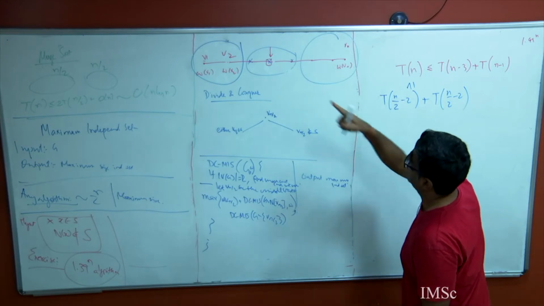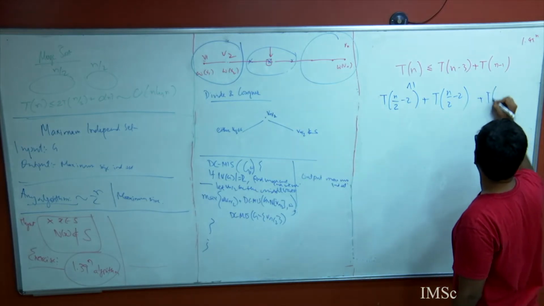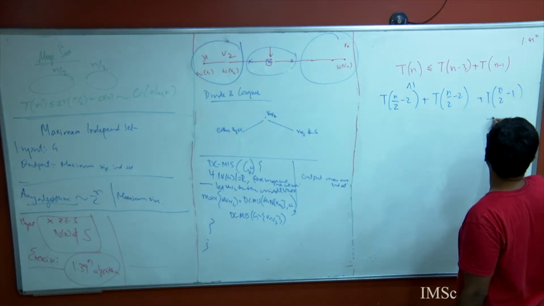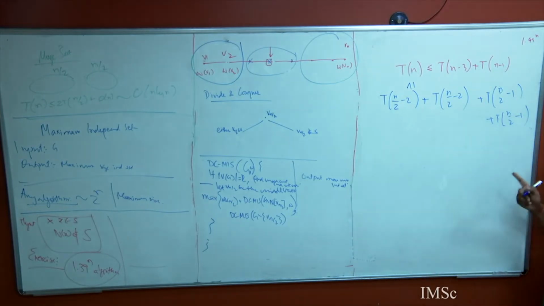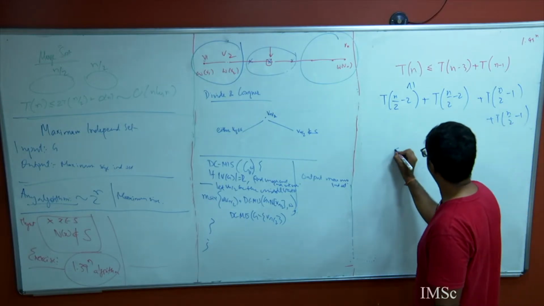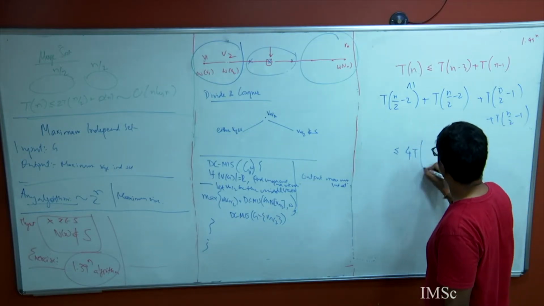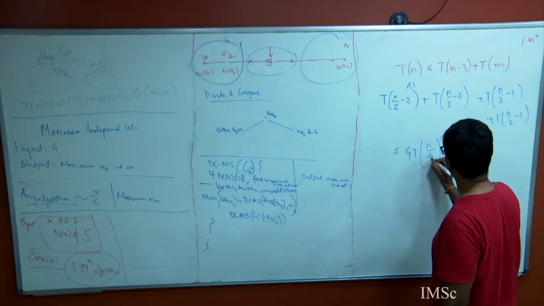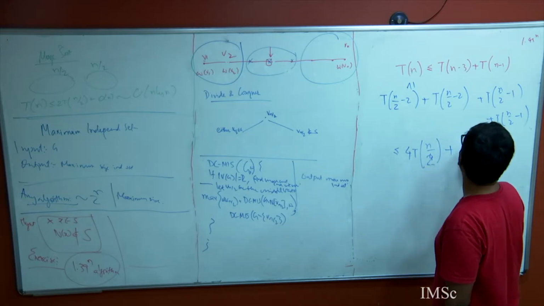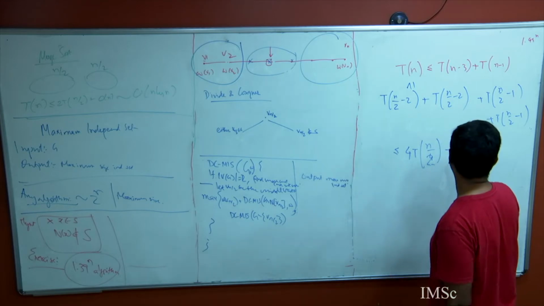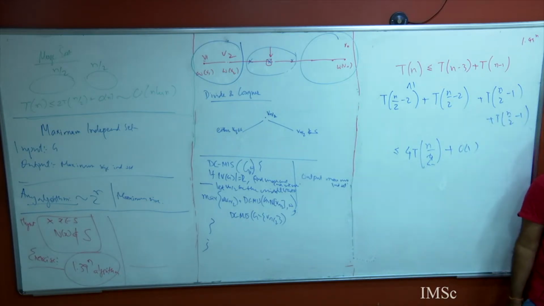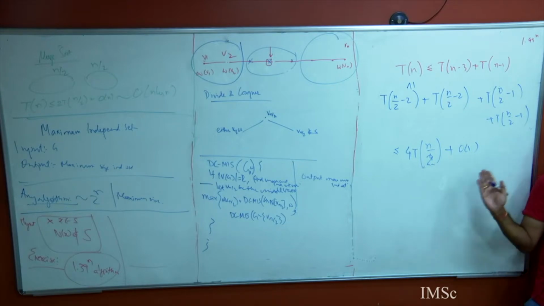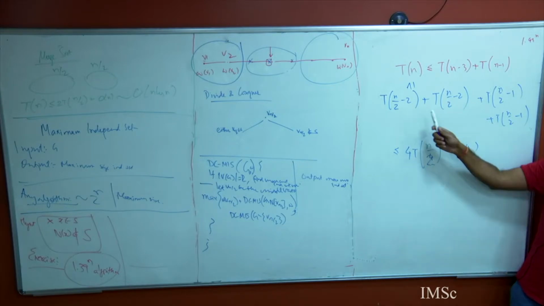And in the other branch, T of n by 2 minus 1 plus T of n by 2 minus 1. I could write it like this, which is the same as 4 times T of n by 2 upper bounded by this, plus some constant. I could write this.